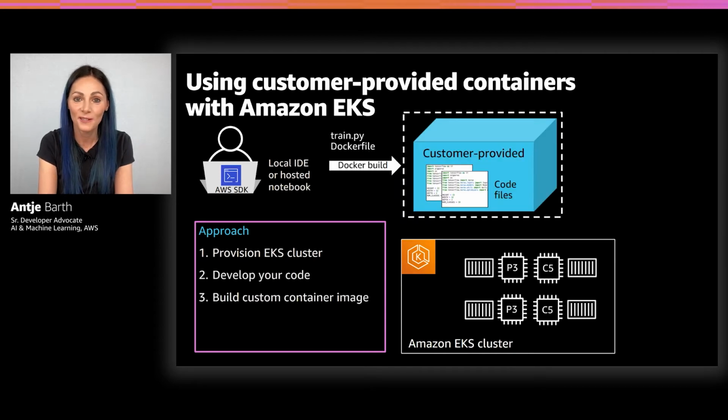Then you start developing your code. And this could be your model training code, your model inference code, etc. You also now need to build your custom container. So you're going to develop a Dockerfile which contains all of the code and library dependencies. Then you build the container and you push it to the container registry.